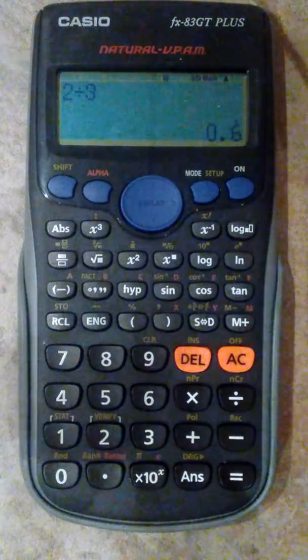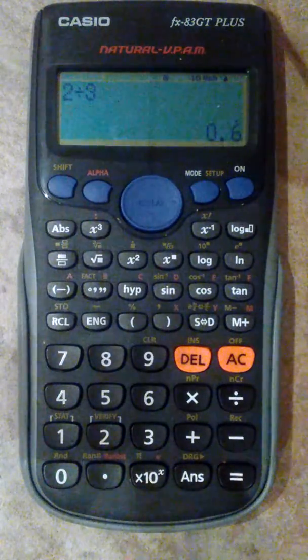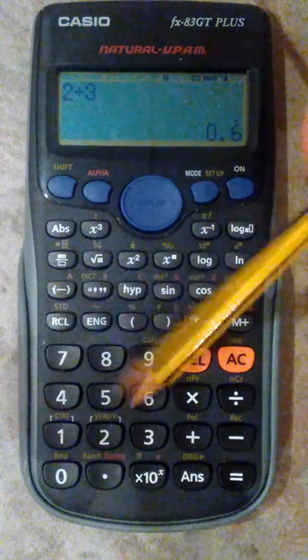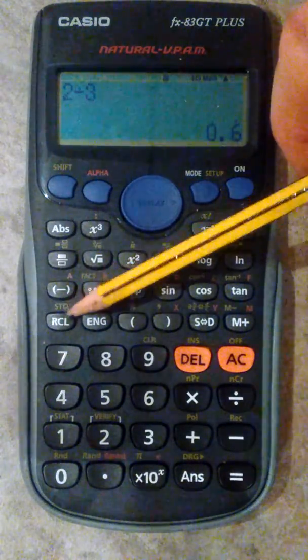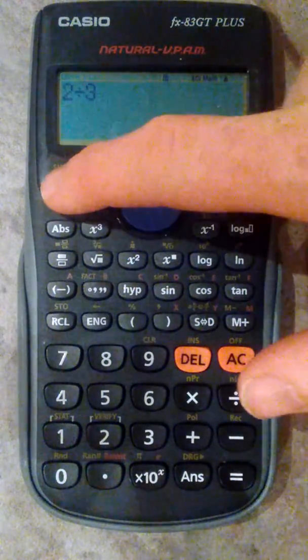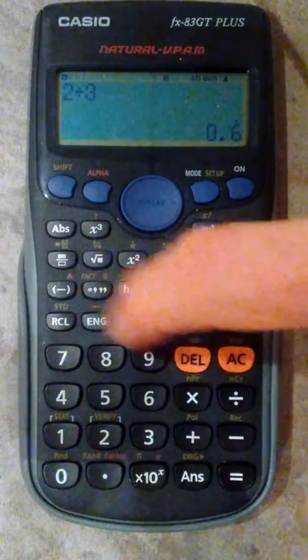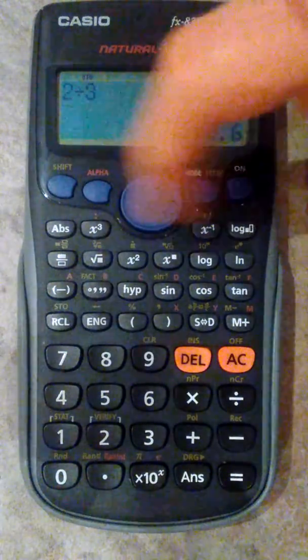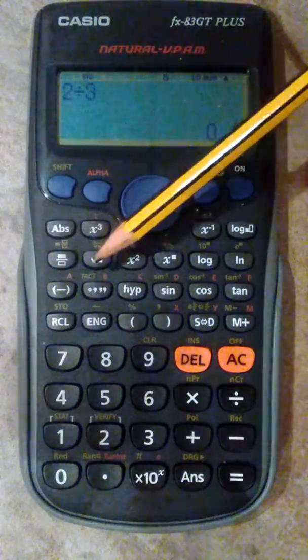Then I store that number in the memory. What I need to look at is this button here, the one with RCL on the button and STO at the top. To put it in the memory, I press Shift because I want to press STO, which is store. So Shift STO. I'm going to store something, and then I pick one of these 6 buttons.